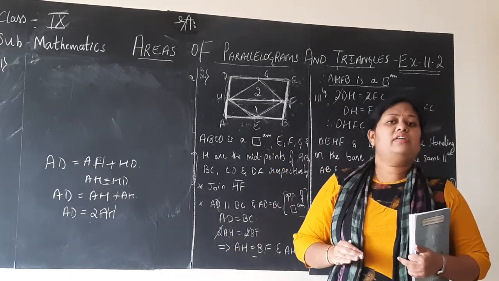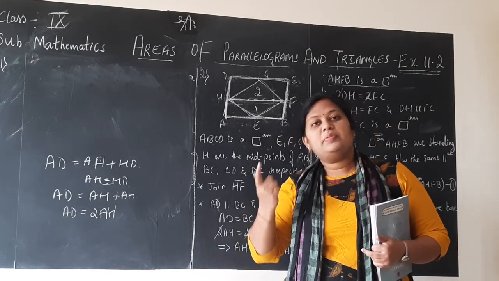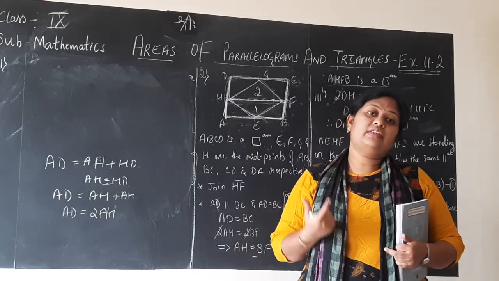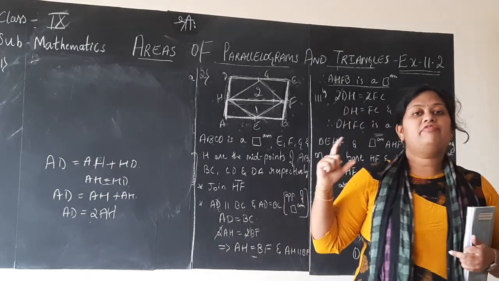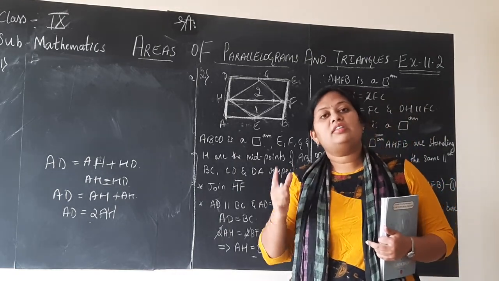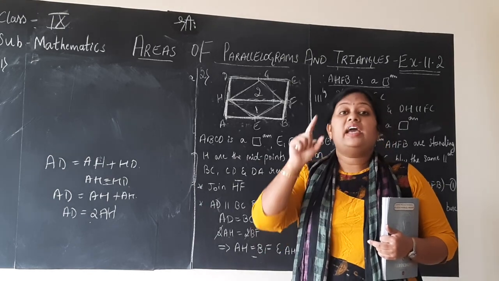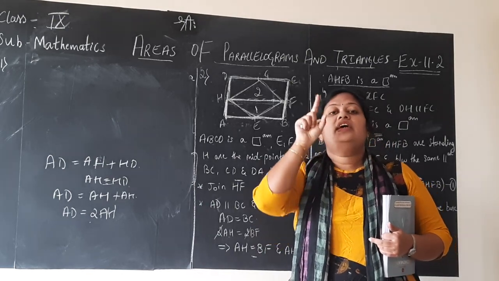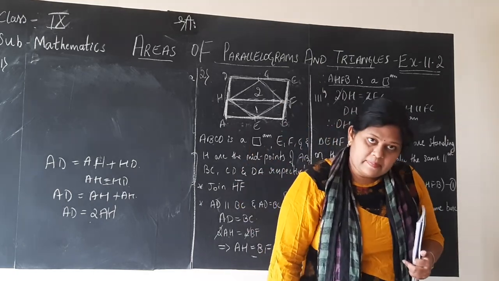So whenever, children, you have one triangle and a parallelogram, please listen carefully. This is a very important point I am telling you. Whenever you have a triangle and a parallelogram which are standing on the same base and between the same parallels, then the area of the triangle is always half of the area of the parallelogram.